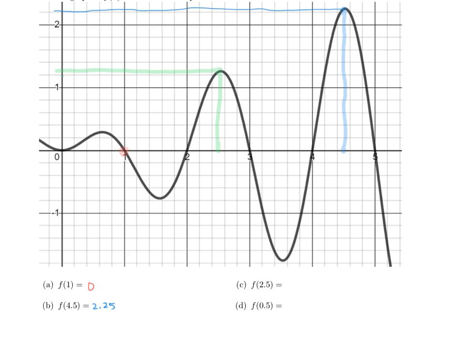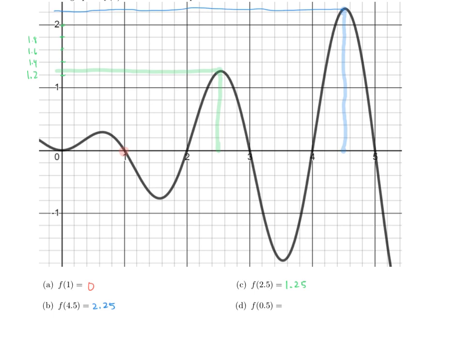So there are only 5 dashes, 1, 2, 3, 4, 5. So that means to split up tenths, it would have to be 1, 1.2, 1.4, 1.6, 1.8, and then 2. That's how I know that. And so since it's slightly above that 1.2 line, I'm saying 1.25.